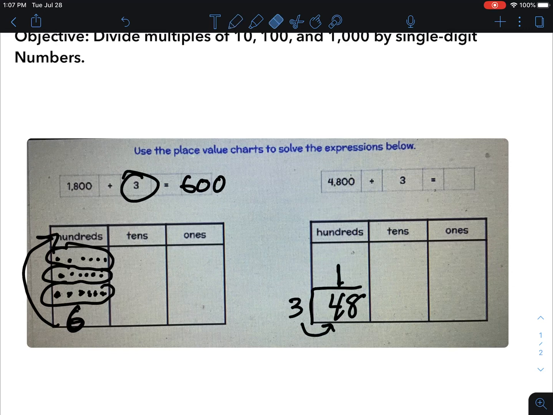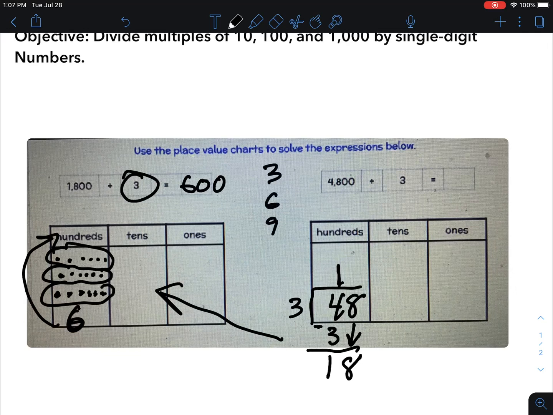And I would go back to my division and I'd say, well, how many times does 3 go into 4? Well, it goes in once. And then, 1 times 3 is equal to 3. So remember how I find the remainder, I subtract. Okay, and then I still have the 8 to deal with, so I bring that down. And now I can count by 3s if I want, or in this case, look, I can look over there. How many 3s go into 18? So 3, 6, 9, 12, 15, 18.